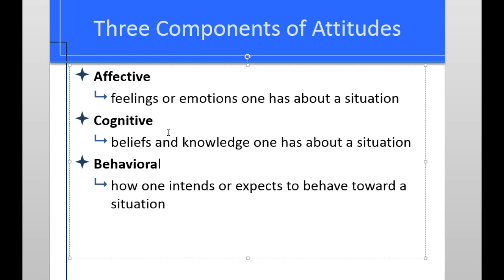What have they been taught? And finally, what do you expect out of the behavior? How do they normally behave? You kind of have to be a psychiatrist or a psychologist in your own right as a manager to understand how to manage your people and understand what's happening to them.